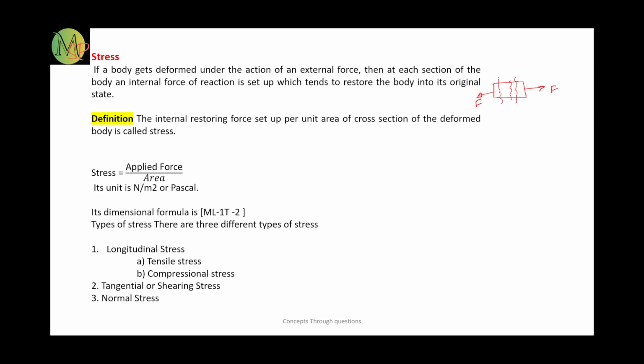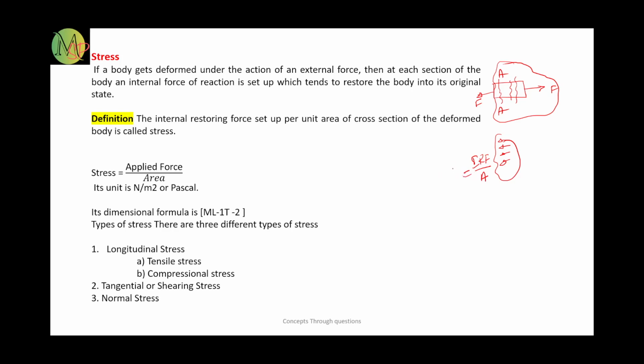Now at section AA, I will take the internal resisting force. This internal resisting force per unit sectional area gives us the value of stress.